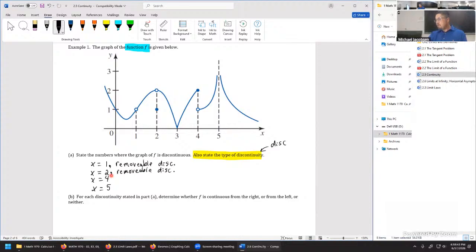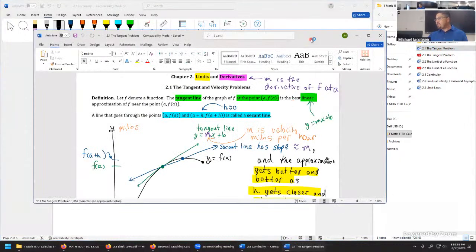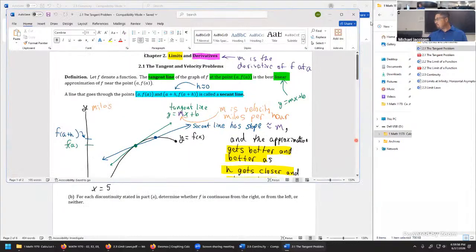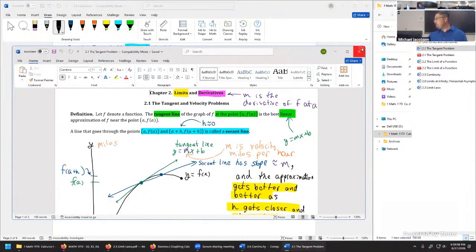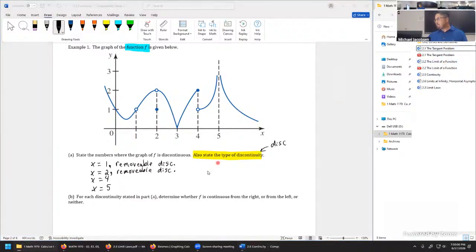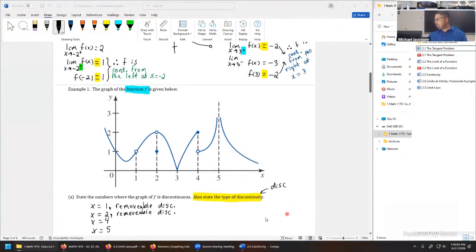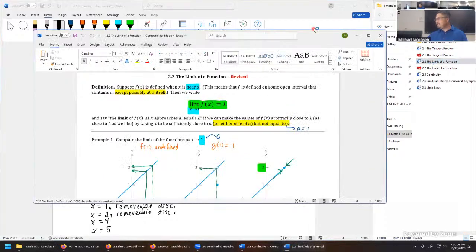That's kind of a strange term, removable discontinuity. We don't want to remove it, but here's the thought. We go back to section 2.1 for just a moment. Wrong section. If we go back to section 2.2 for just a moment, let me try again. Here it is.